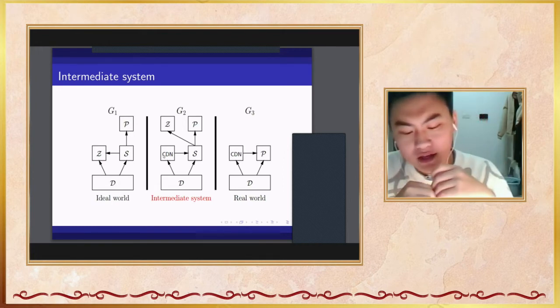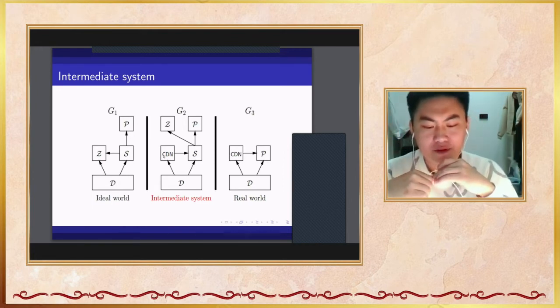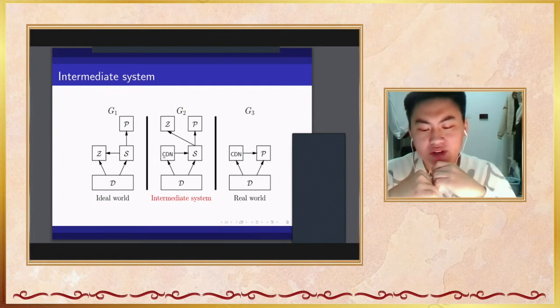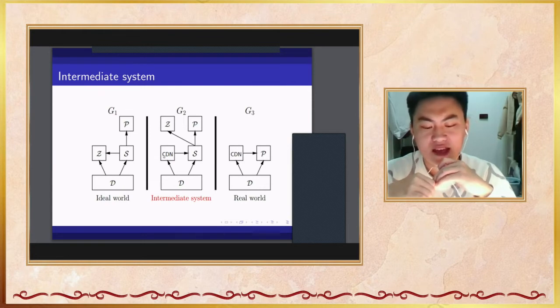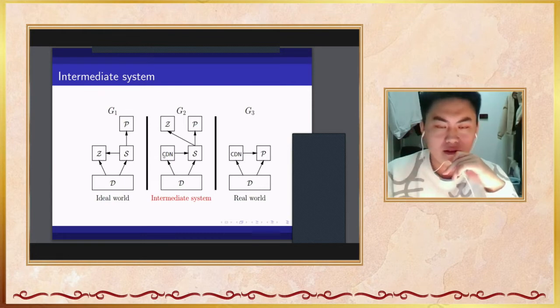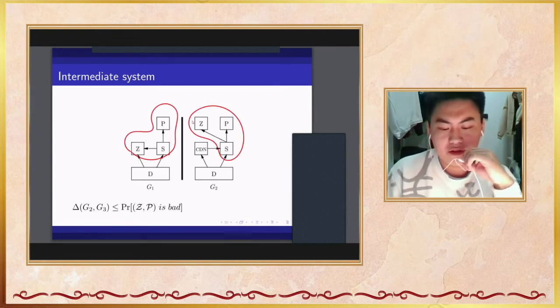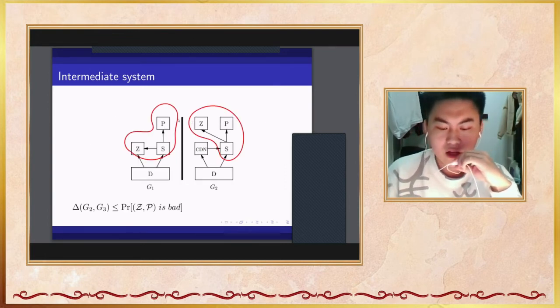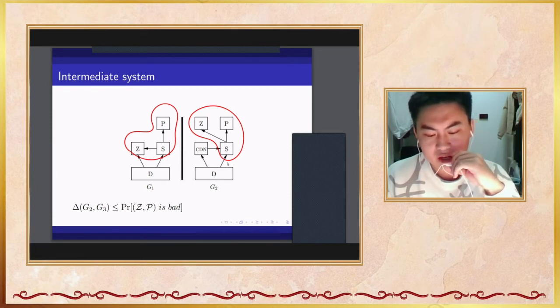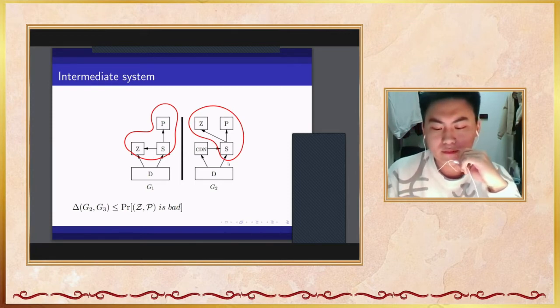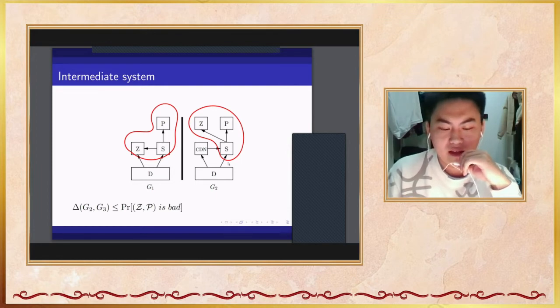The simulator has access to both Z and P, and the distinguisher can query the simulator or query the CDN construction with oracle access to S. We first find the distance between the ideal world and the intermediate system. The distinguisher first queries the simulator with oracle access to Z and P, both in the ideal world and the intermediate system. If the pair is good, the answers that the distinguisher receives are identical.